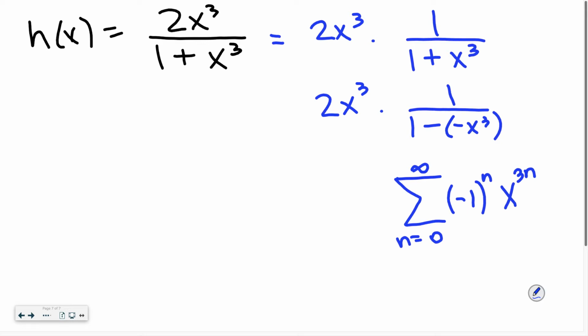But then we would still have this 2x cubed thrown on the outside. Well, since our series involves adding up the n's, it is okay to have that 2x cubed multiplied to it, which means we can bring it inside, okay?